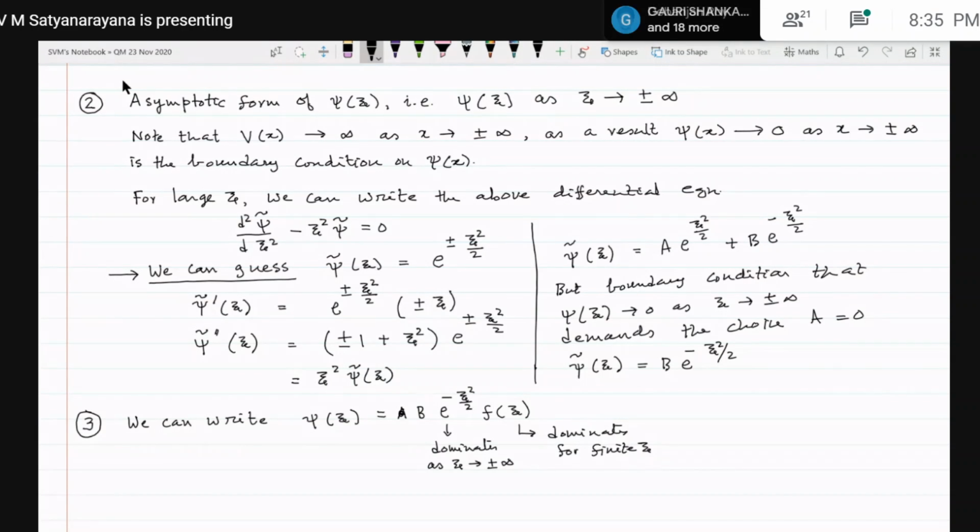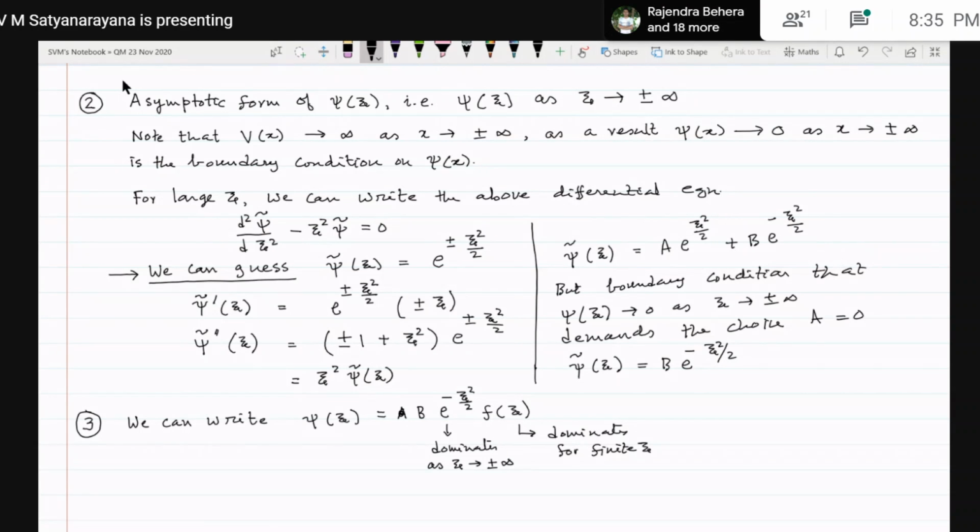So that is the idea. We do not know what this function is, but at least a part of the wave function we are able to carve out, in the sense that for large values of xi, this is the form in which it exists.